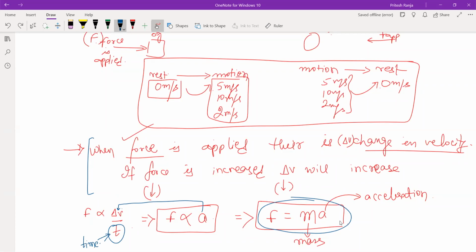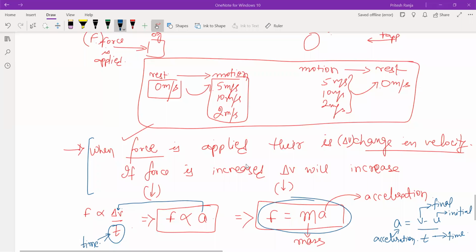Now here I will use a = (v - u)/t. Don't ask here whether this is the final velocity or what u is, I am writing it right now. What we will use: t is the time, a is the acceleration. These basic things you have to remember, all of you should remember.